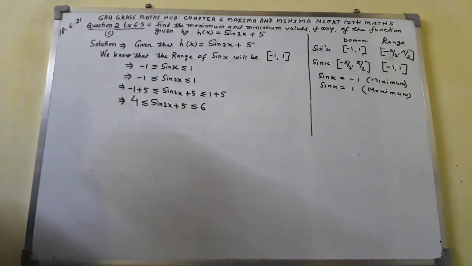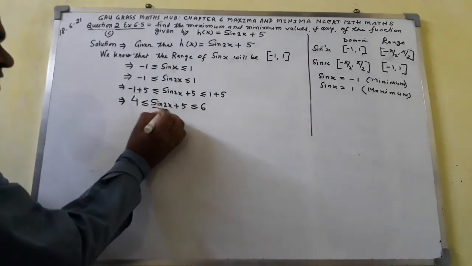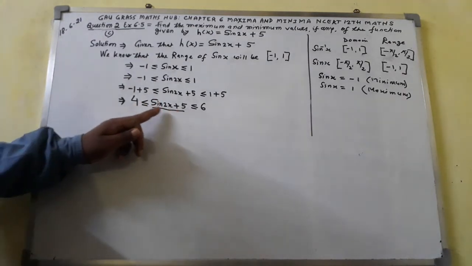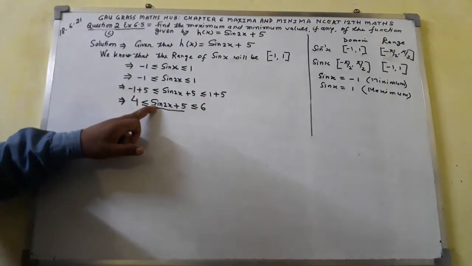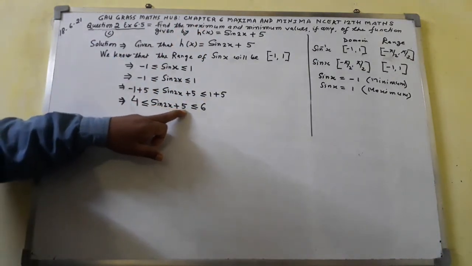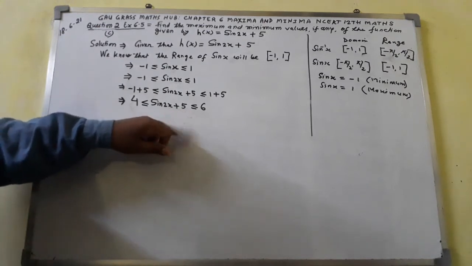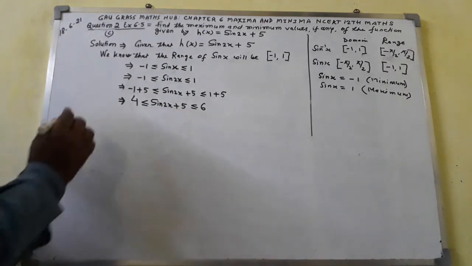From this analysis, the minimum value of sin 2x plus 5, same as h of x, is as follows.